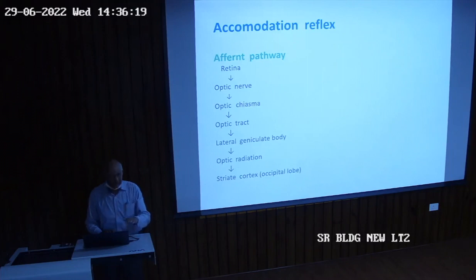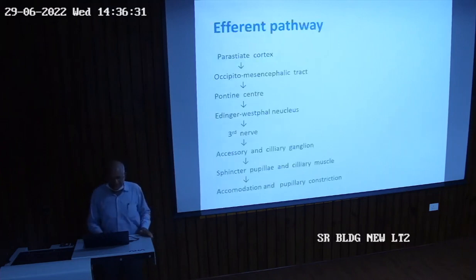But in the accommodation reflex, it goes up through the optic radiation to the striate cortex, areas 17, 18, 19. Here the afferent pathway finishes. The efferent pathway starts from the parastriate cortex, occipito-mesencephalic tract, pontine center, Edinger-Westphal nucleus, third nerve, ciliary ganglion, and sphincter pupillae, and accommodation.